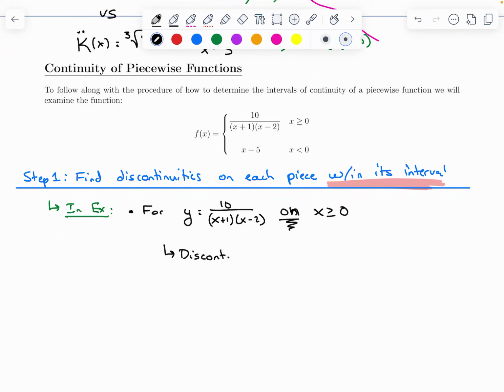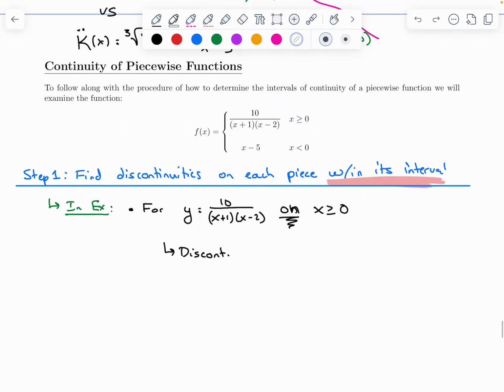So just looking at the top function, ignoring everything else, if I just look at y equals 10 over x plus 1 times x minus 2, where is that discontinuous? Negative 1 and 2. Yes.